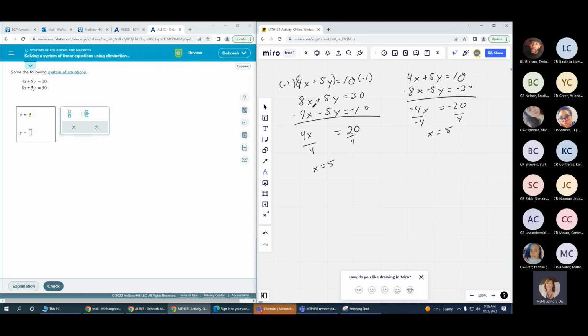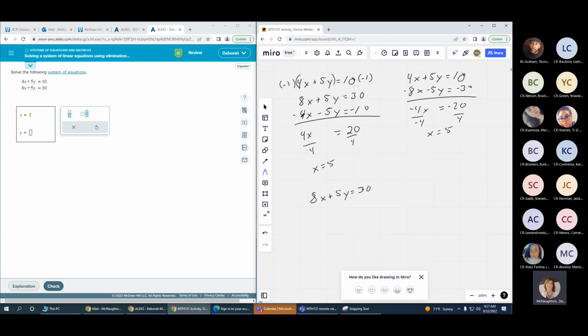I also could have decided to make the x's go away, and instead of multiplying by -1, I could have multiplied by -2. So 8x plus 5y equals 30.